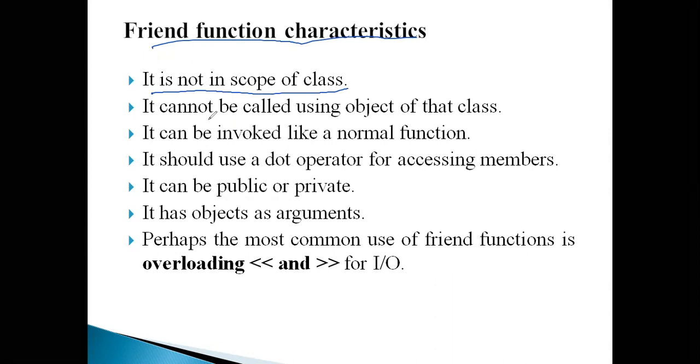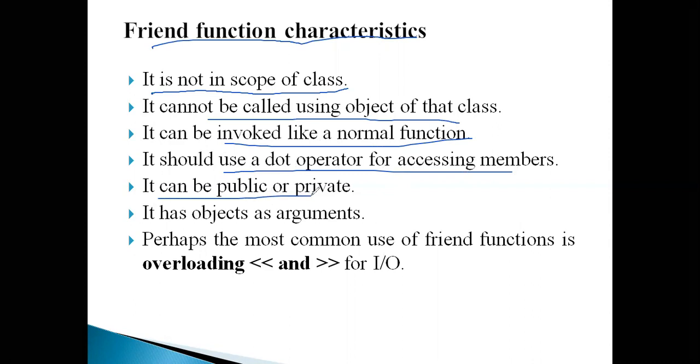And it cannot be called using the object of the class, like a dot sum. Here I am not going to call the friend function by means of objects, and the friend function can be invoked as a normal function. Then it should use a dot operator for accessing members.